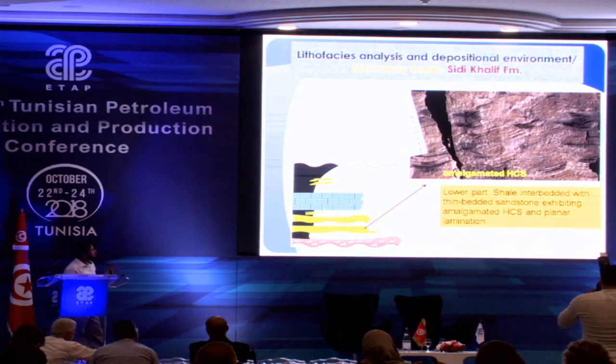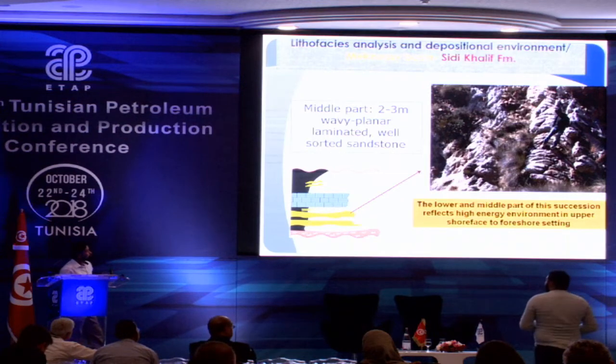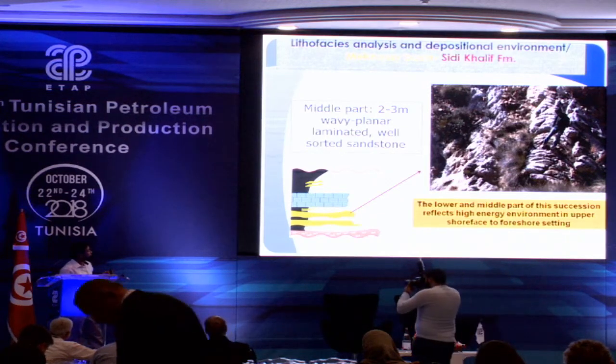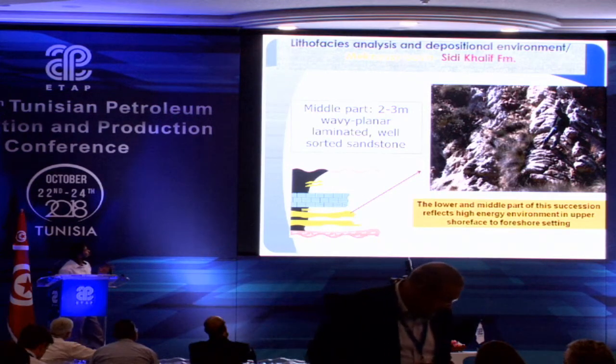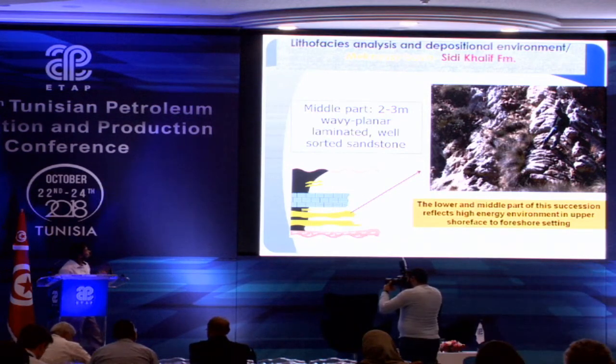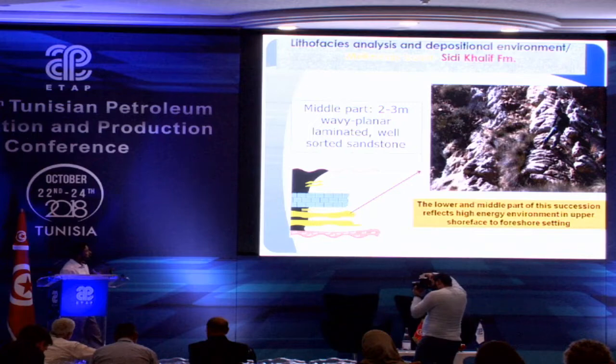The lower part shows shale interbedded with thin-bedded sandstone exhibiting amalgamated HCS and planar lamination that evolves into 2-3 meter wavy planar lamination. It consists of well-sorted sandstone. Within the lower and middle part of this succession, it reflects a high energy environment and can be attributed to an upper shoreface to foreshore setting.